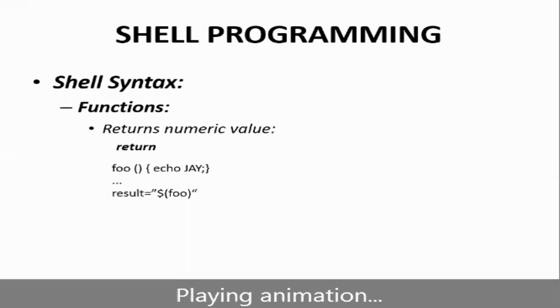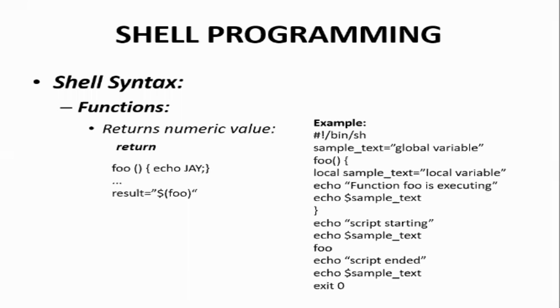In the preceding script, in the function, I have only one line of code, where the line is "function foo is executing". Now I have modified the script, which contains a sample_text variable, which is initialized with a global variable value. And in the foo function, I have created the variable sample_text, which was initialized with a local variable value and is created with the keyword local.